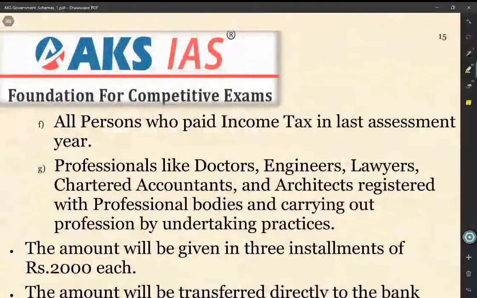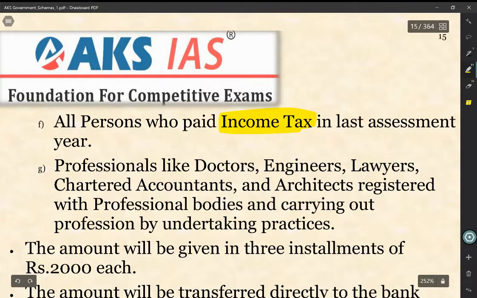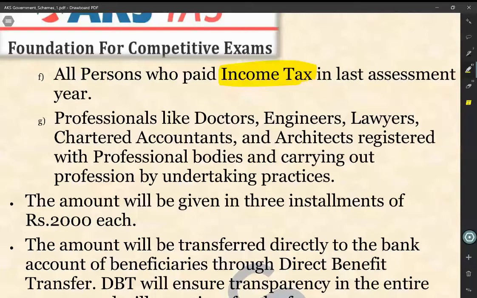Next, all persons who paid income tax in the last assessment year are also excluded. The next category excluded are professionals like doctors, engineers, lawyers, chartered accountants, and architects registered with professional bodies and carrying out profession by undertaking such practices.